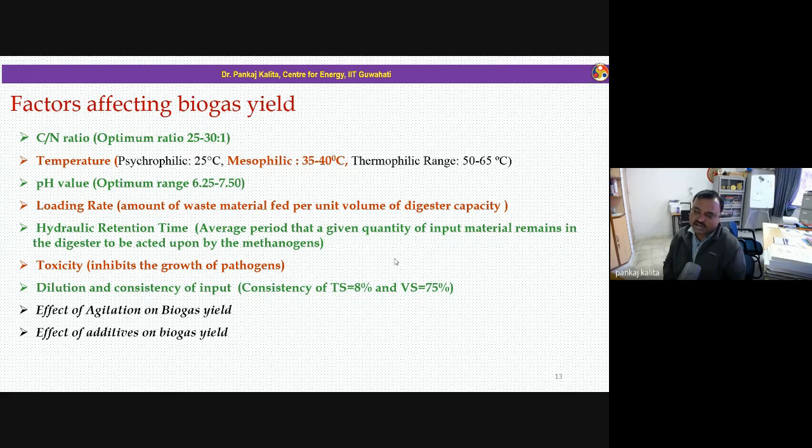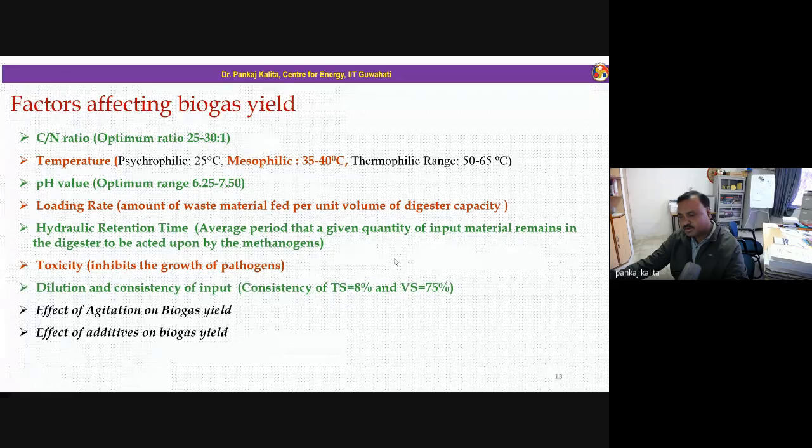Okay, so there are many studies based on that. We can investigate how the CN ratio can be optimized, and under the condition that the pH value ranges from 6.25 to 7.5, we will get the maximum biogas production rate.